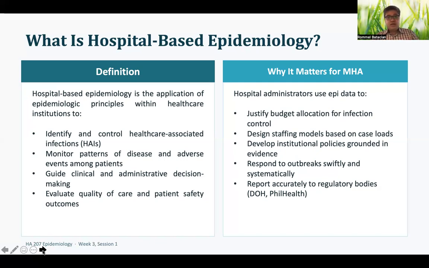You will be designing staffing models. You need to write certain institutional policies. And also, you have to report to the regulatory bodies, the Department of Health, PhilHealth, and other accrediting agencies. So every single one of these tasks is made better, and some of them are only possible, if you are knowledgeable in the epidemiologic data.